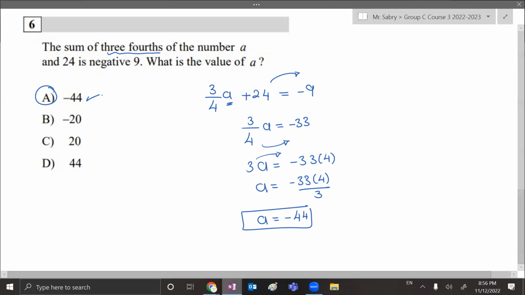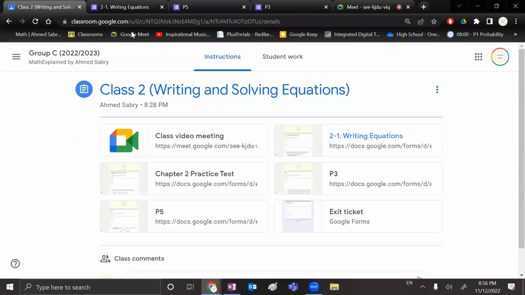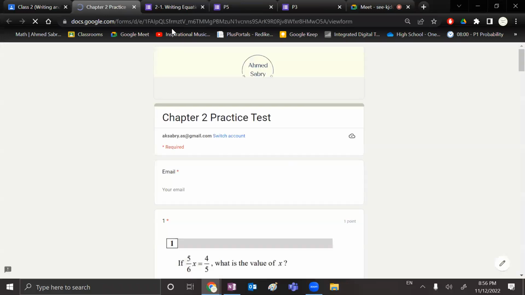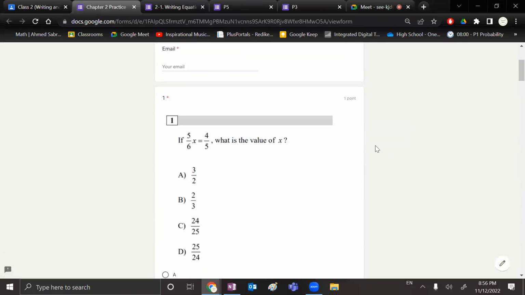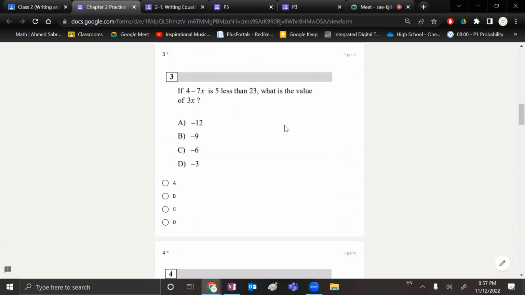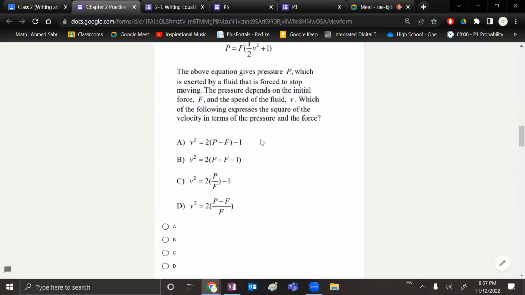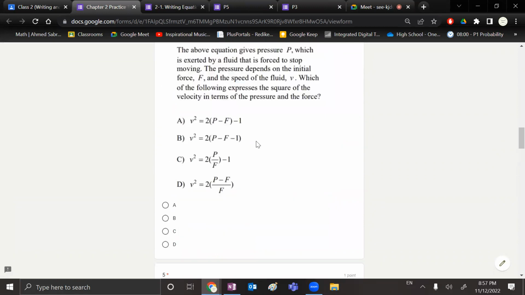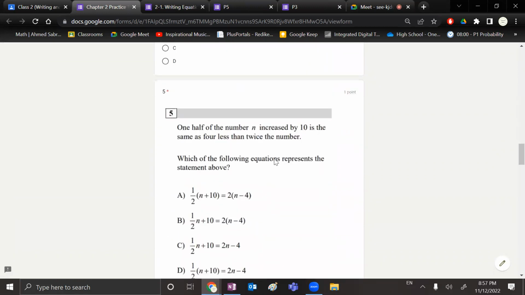Oh, yes. Let's try out the chapter test right away. So chapter 2 practice test. This one has equations with fractions. They have equations where we need to translate them and solve them, creating our own equation using the words stated here.